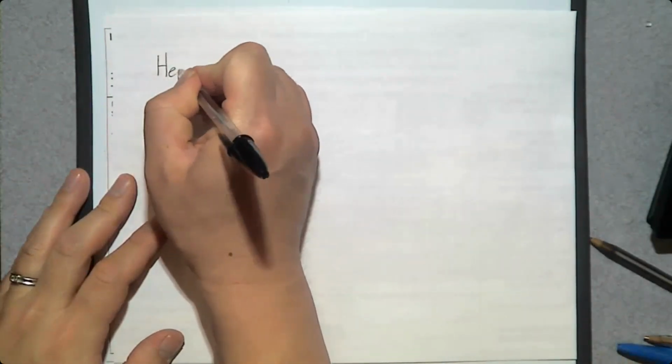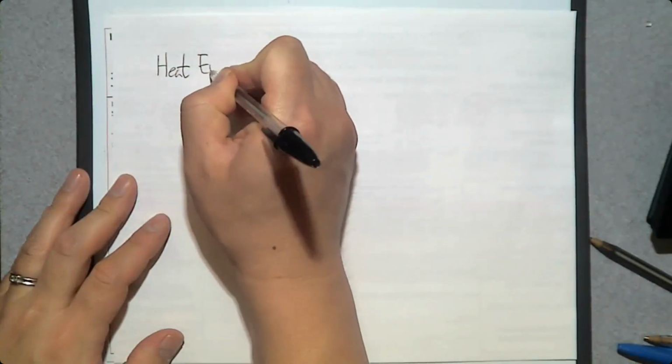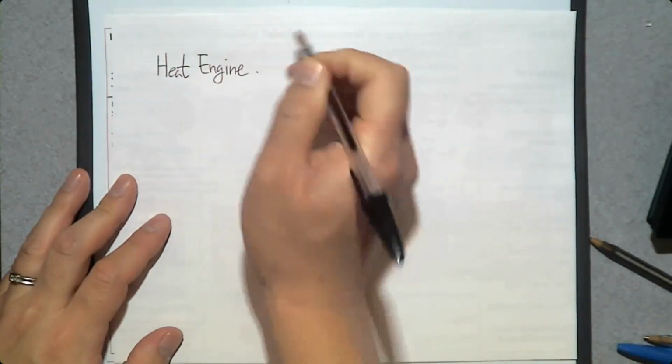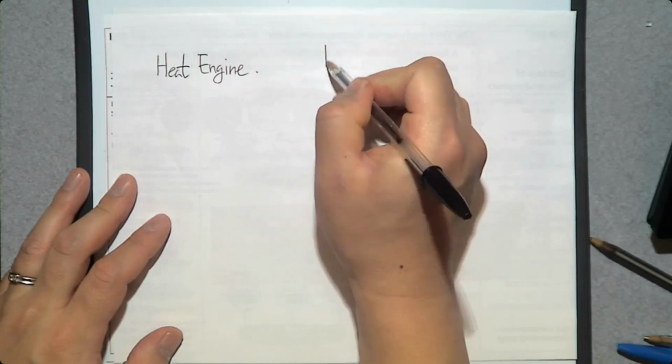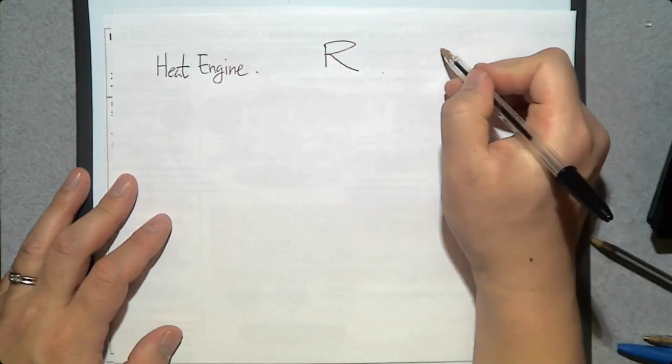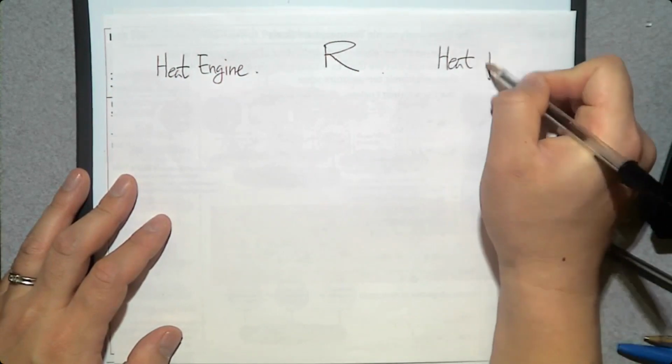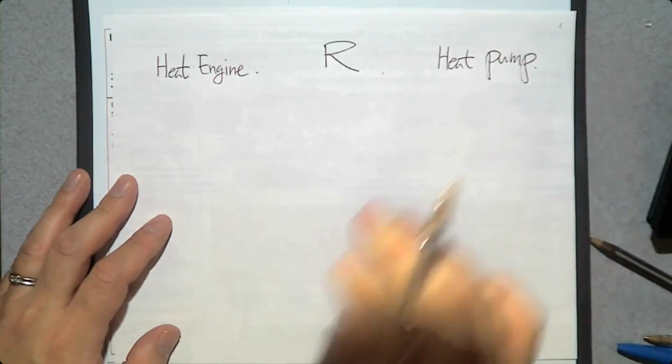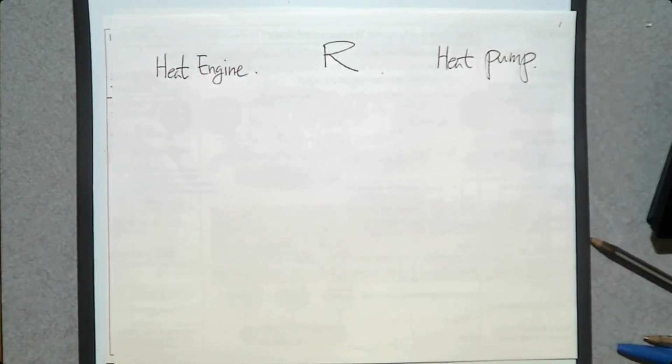We studied 3 cycles. The first one is the heat engine, the second one is the refrigerator, and the third one is the heat pump. And how did we evaluate the performance of each cycle?